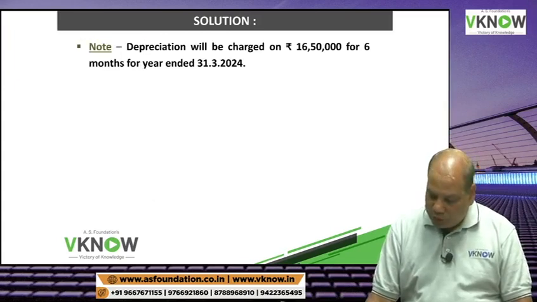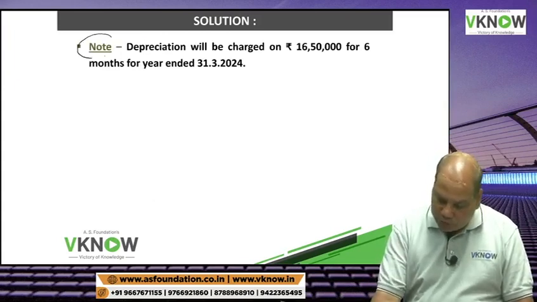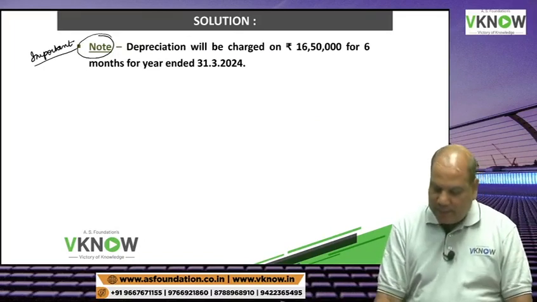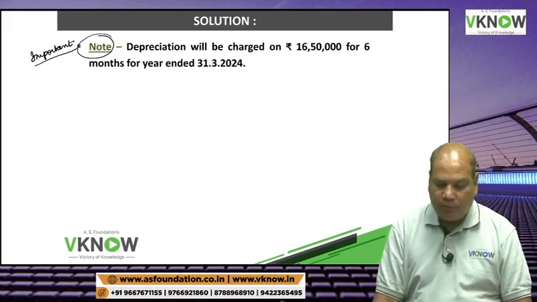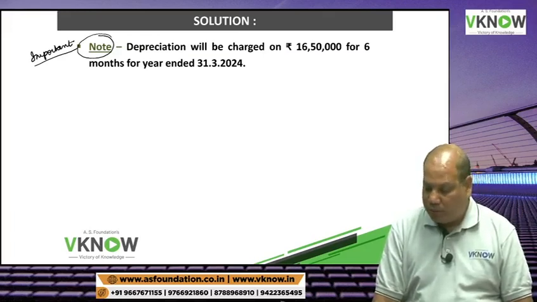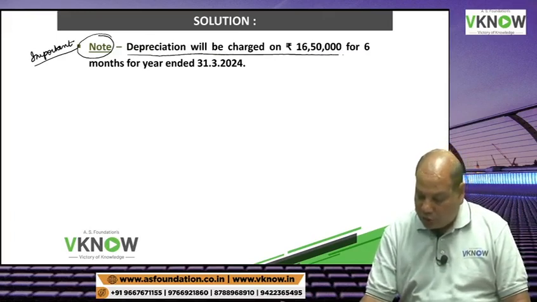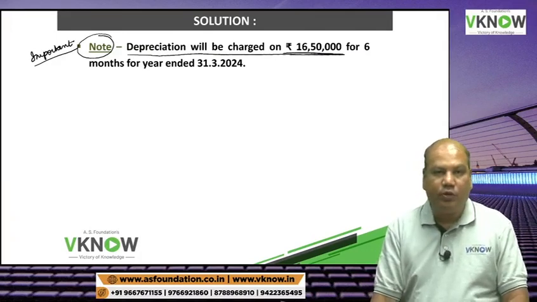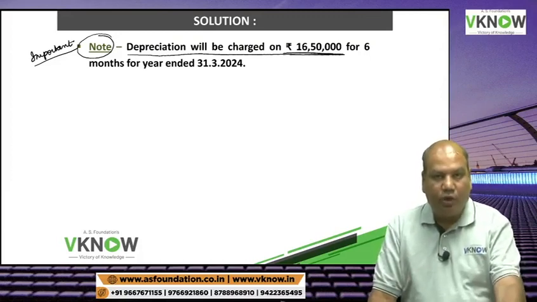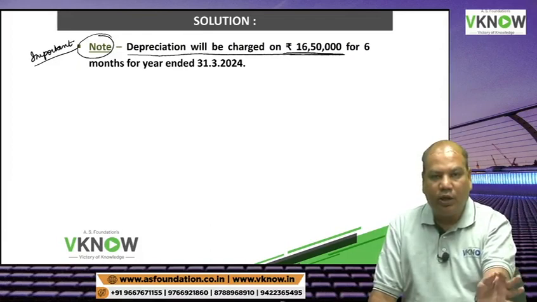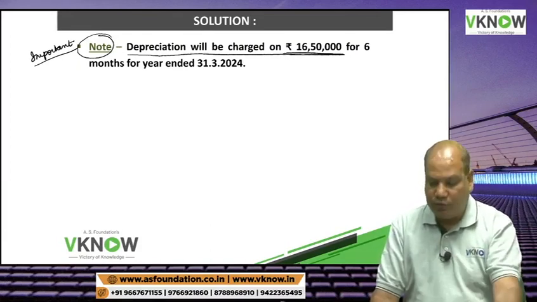Okay, I'll give you some important notes. Write down important notes. Important note number one: depreciation will be charged on rupees 16 lakh 50,000 because the asset is ready. The carrying amount is now, after impairment loss, 16 lakh 50,000.